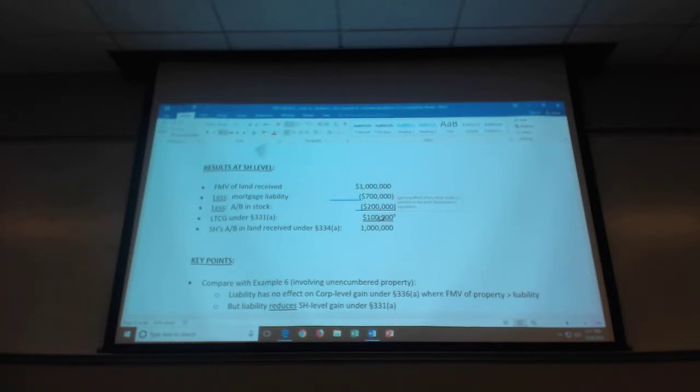Yeah, the shareholder got land worth $1 million, but there's also a $700,000 liability that effectively reduces the net value of what the shareholder receives. So that liability has to be subtracted. So this net value of $300,000 minus $200,000 of basis, long-term capital gain of $100,000.